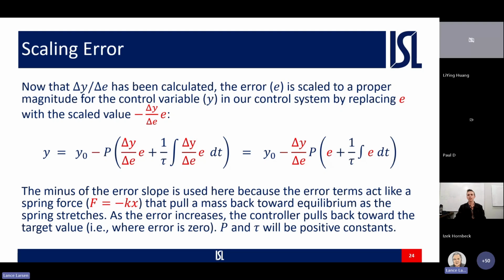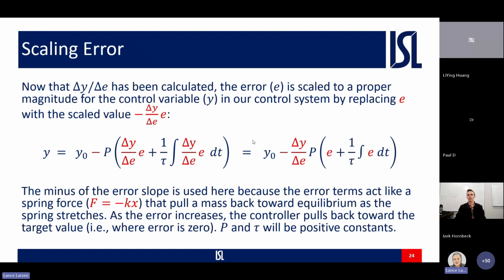When you have a spring force in a mass spring equation, that spring force will pull back towards the equilibrium. It's the same concept here: we want this term to pull back towards an error of 0. And so we're inserting a negative to get the proper sign for it to pull back towards the 0 error.